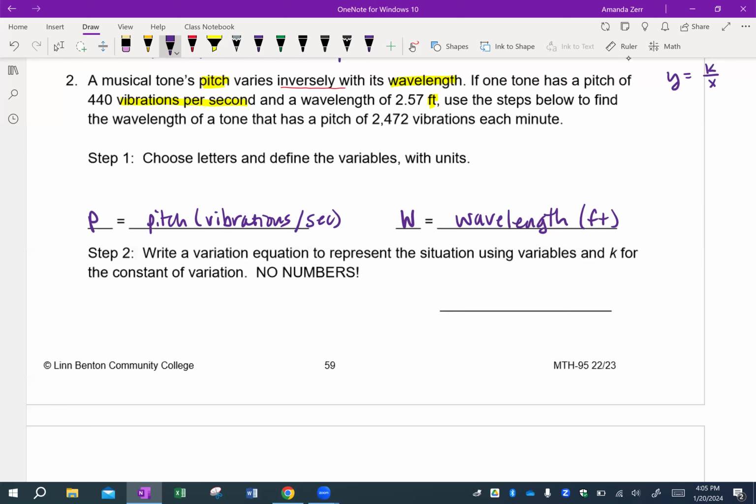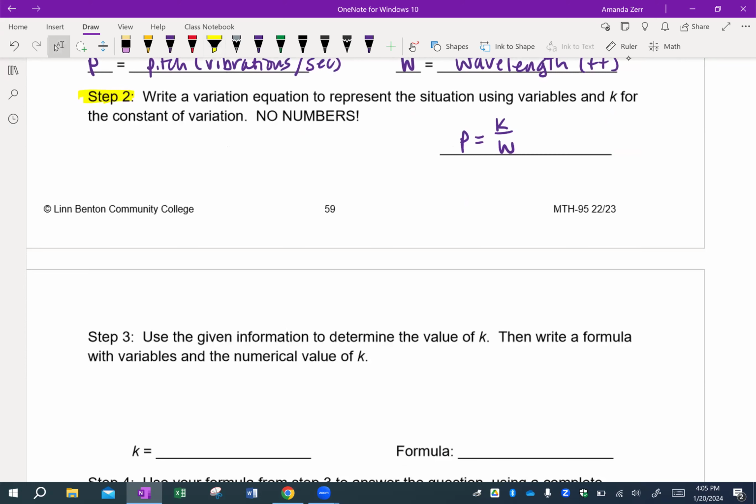So our equation is not going to be y equals k divided by x. Instead, it's going to be p is equal to k divided by wavelength. Okay, so there's our step 1. We figured out what the story is about. Step 2 is we figure out the setup. And then step 3, let's write the formula, but we need to know what k is.